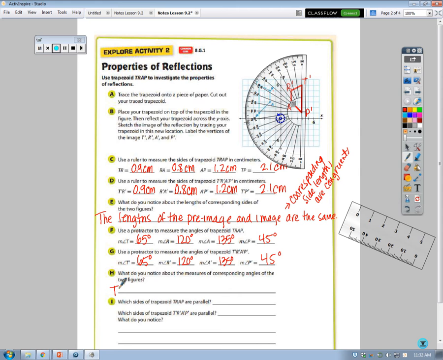So the measure of corresponding angles are the same. Could we say the angles are congruent? Are they the same size, same shape? Yep, we could also say that these are congruent.